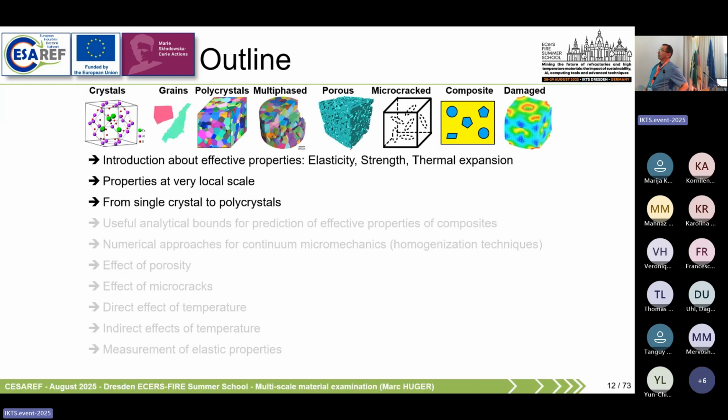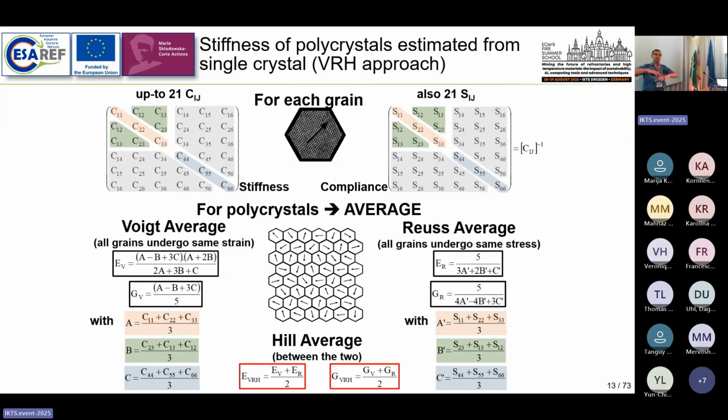Okay, so from single crystal to polycrystal, you have to combine all those things, and you can find in the literature the work of Voigt, Reuss, and Hill, and all the formulations which allow you to calculate an average value for a randomly oriented crystal.